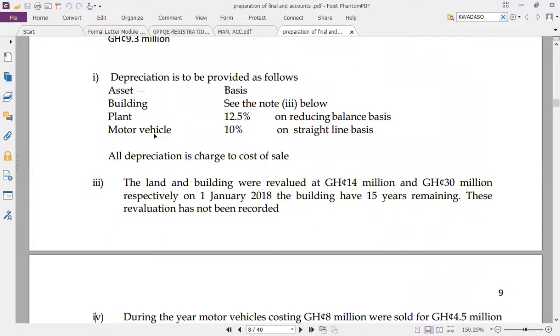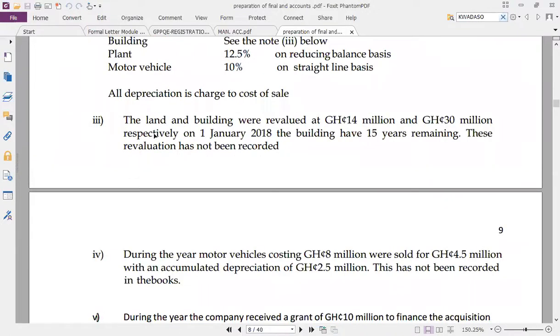So let's go to the footnote. Note 4. During the year, motor vehicle costing 8 million were sold. So we have to take off the 8 million from the entire cost. All the motor vehicles cost 18 million, and they sold some costing 8 million.